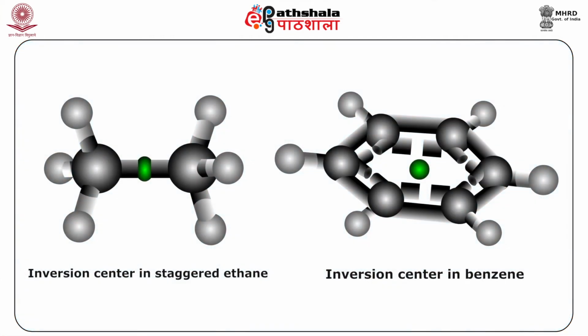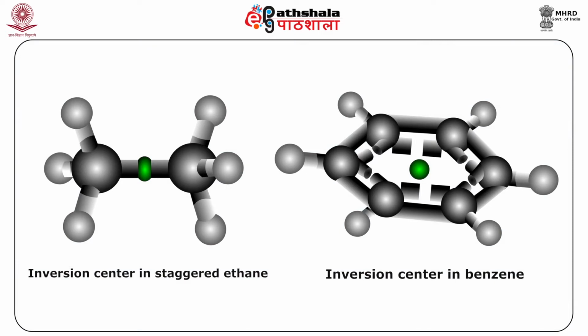Each atom in the molecule is moved along a straight line through the inversion center to a point at an equal distance from the inversion center. If the resulting configuration is indistinguishable from the original, we say there exists an inversion center in the particular molecule. Now here you can see in the staggered configuration of ethane, there exists an inversion center.